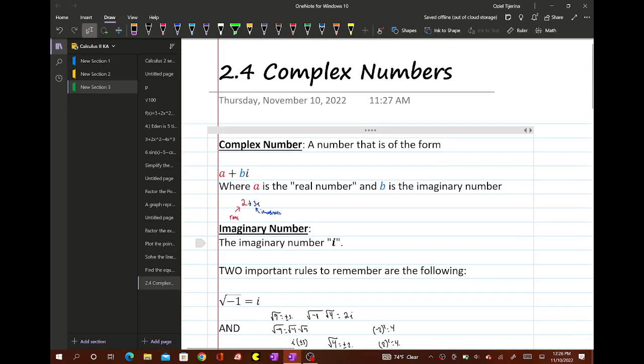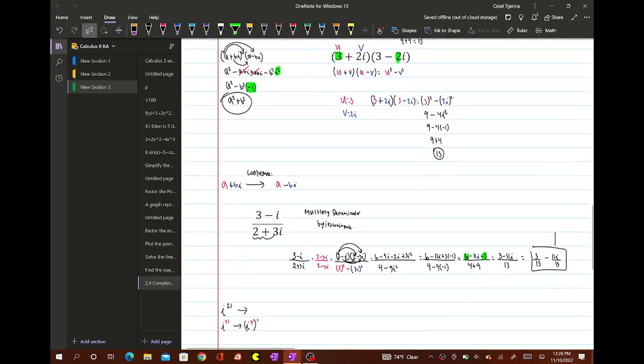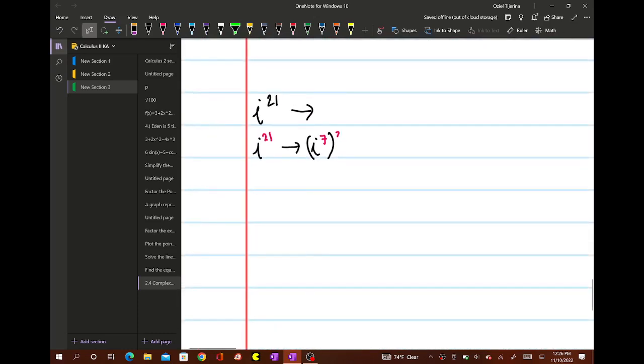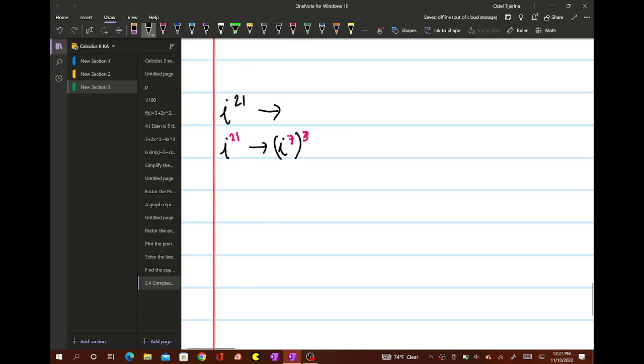And then one more thing, when you're doing powers of i, so for example, we have i to the 21st power, we can rewrite that as i to the 7th power to the 3rd power. And then we can say that i to the 7th power is i times i times i times i times i times i times i.